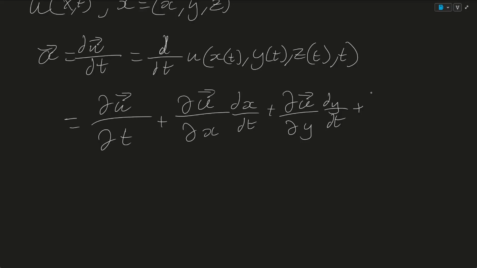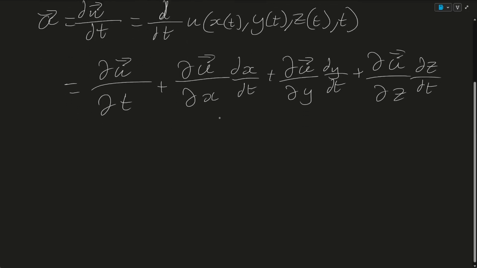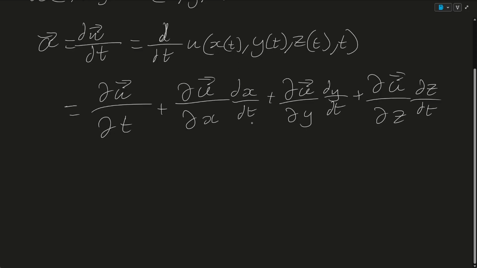This is just taking the chain rule of each of the parts of this, I guess you could say. And of course dx/dt, dy/dt, dz/dt are just going to be u sub x, u sub y, and u sub z.